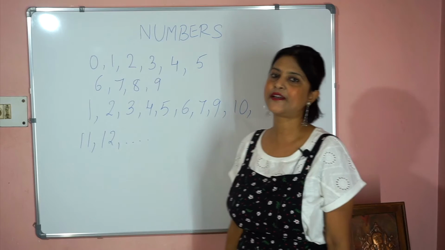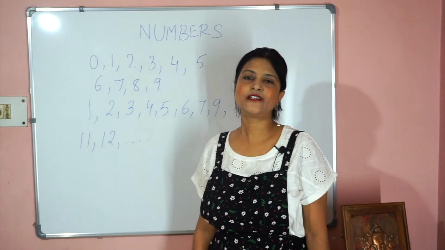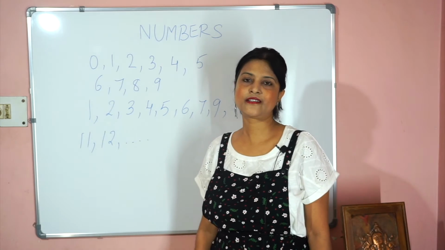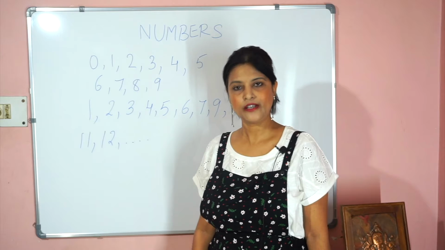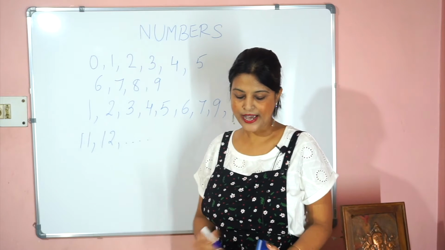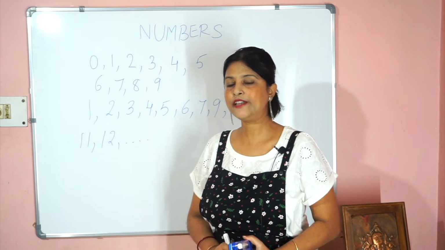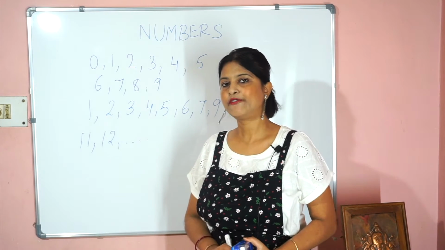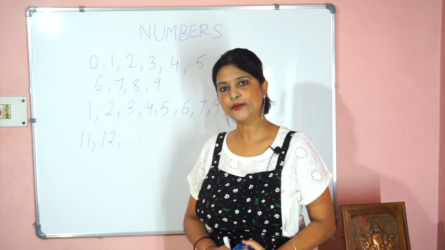So once we start writing numbers, we will continue writing it endlessly. There is no end to writing of numbers. So today we are going to deal with 2 digit numbers for students of standard 1.